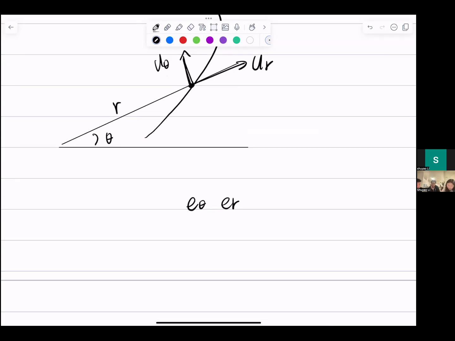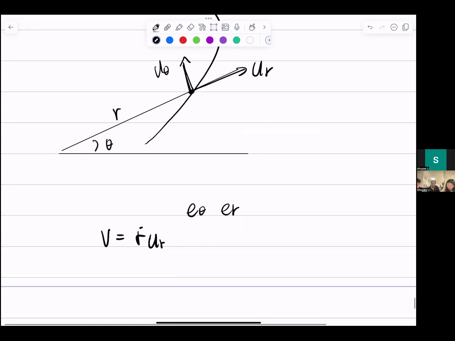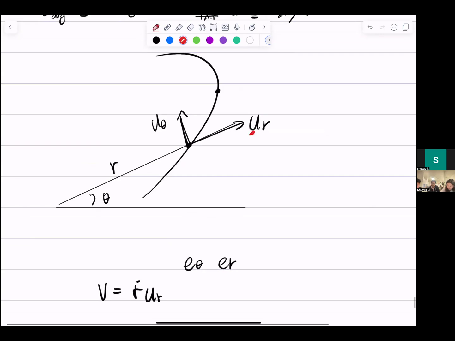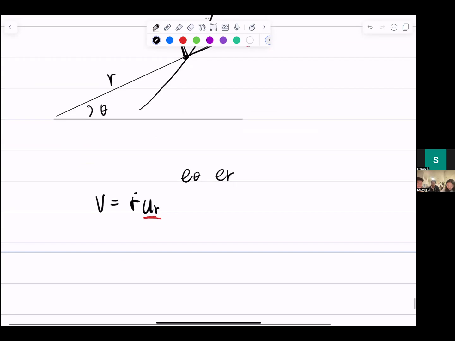That's the important part: v equals the derivative of r times u r, plus r times the derivative of u r over t.